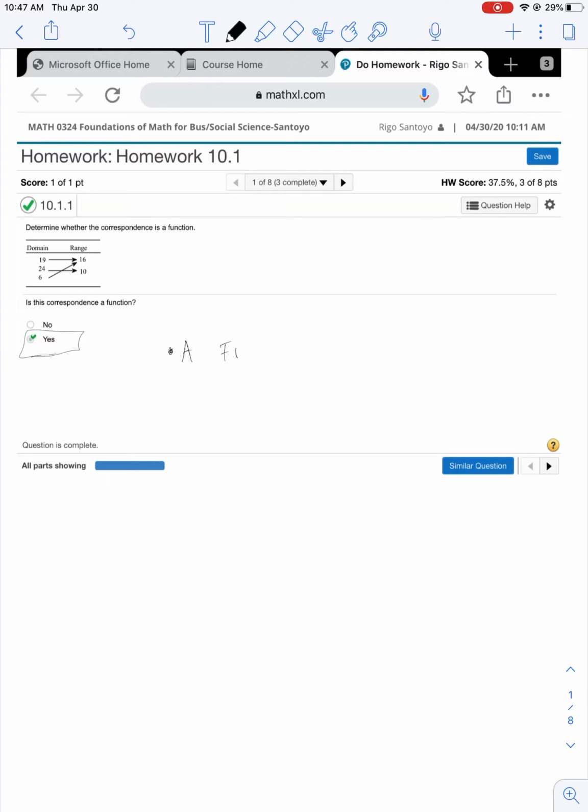So a function is defined as each x value has only one y value. So this is a great example. Remember, your domain stands for x values, right?